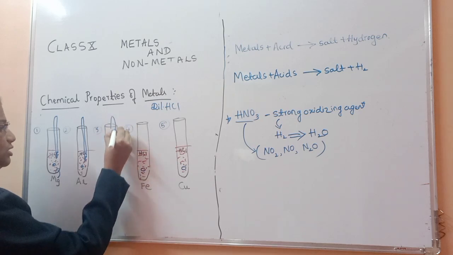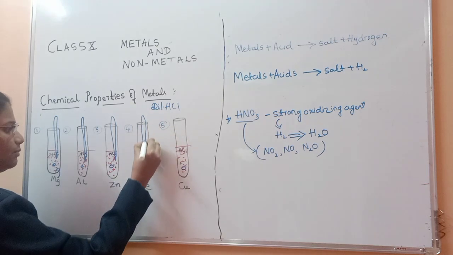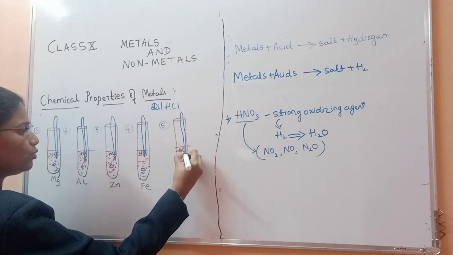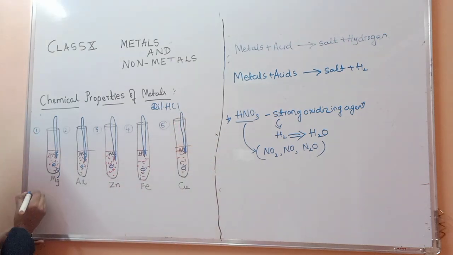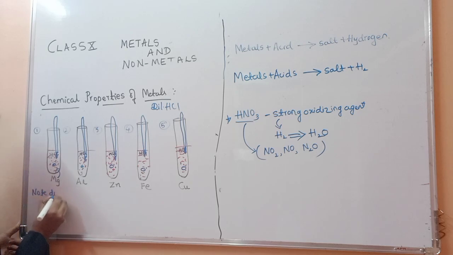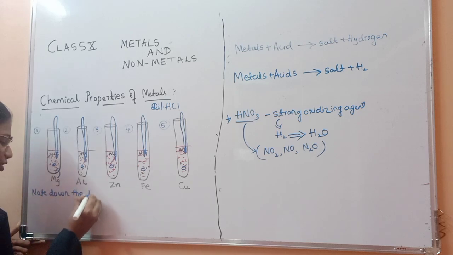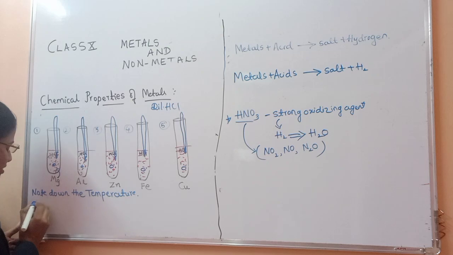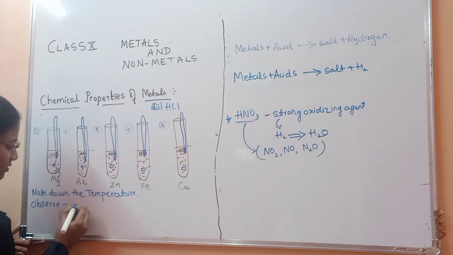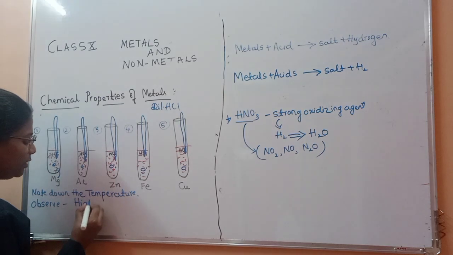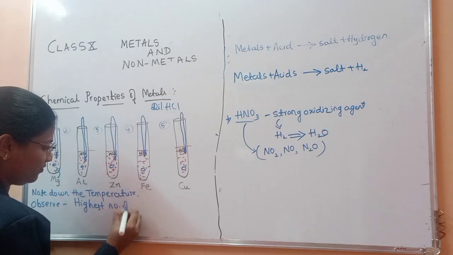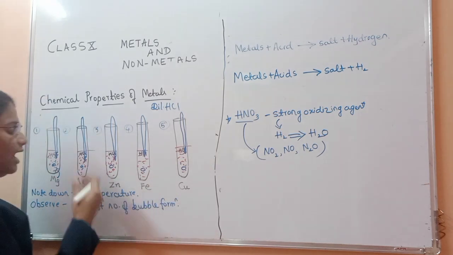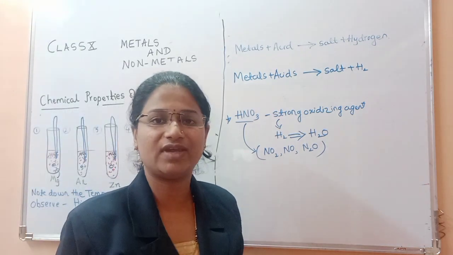Once the reaction begins and the time is over, around 5 or 10 minutes, note down the temperature as well as observe the highest number of bubble formation. In which test tube can you see the highest number of bubbles? These two you will have to observe.